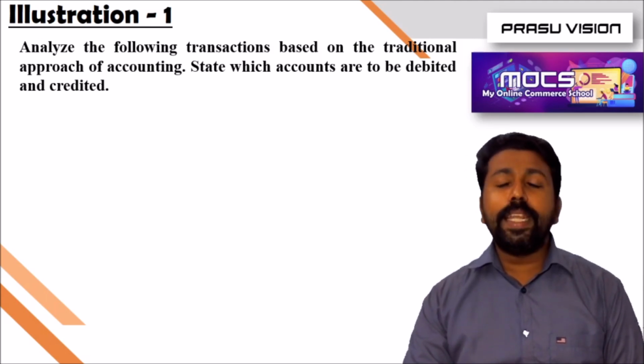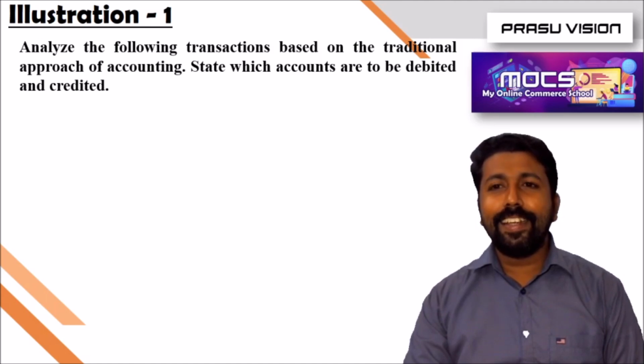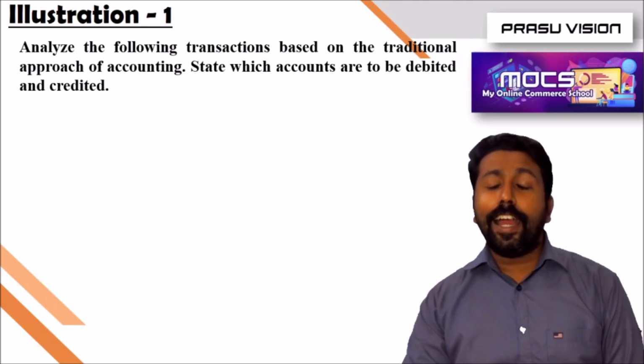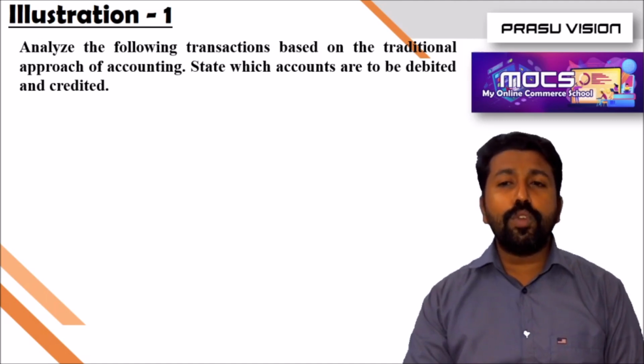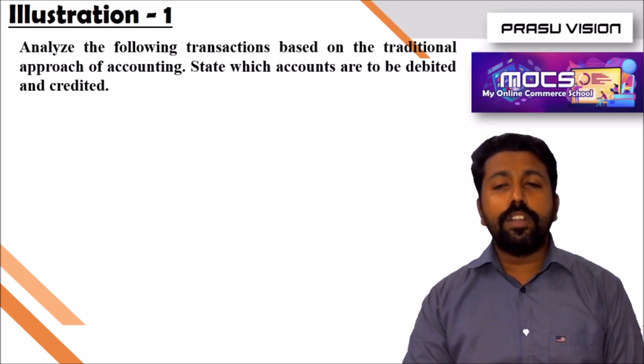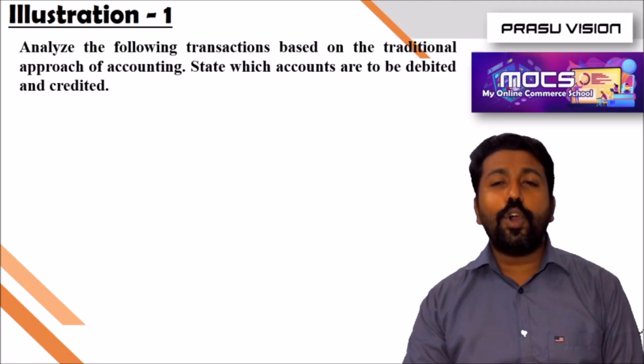One account will be debited, another account will be credited. Remember, one account will be shown on the debit side, another account will be shown on the credit side. Two entries for the same account are never shown from one transaction, neither on the debit side nor on the credit side.